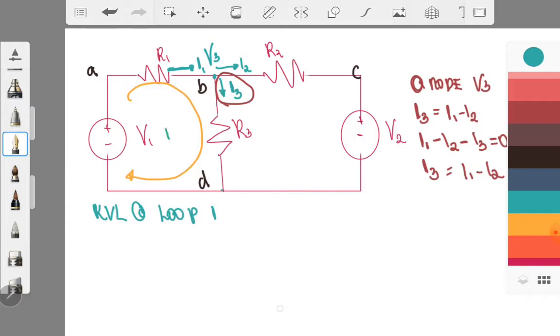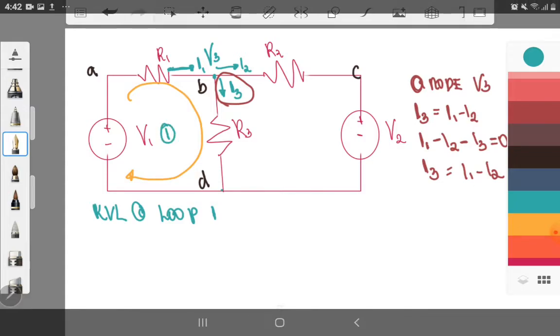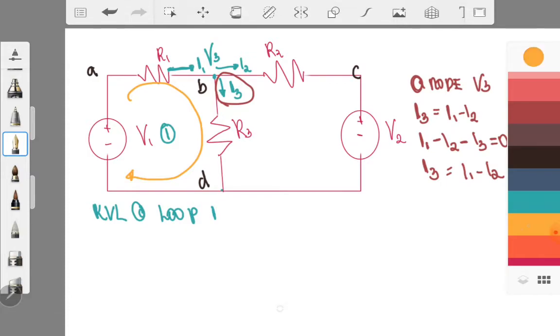So, this is my loop 1. We enter at the negative of V1, so we have negative V1.